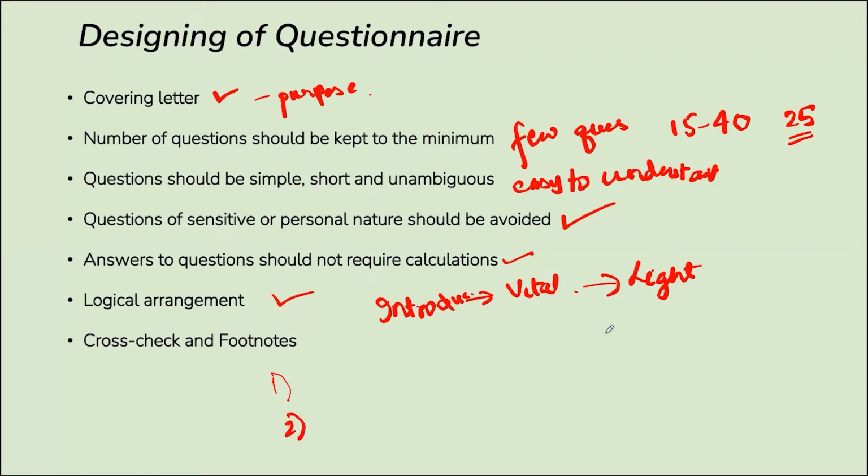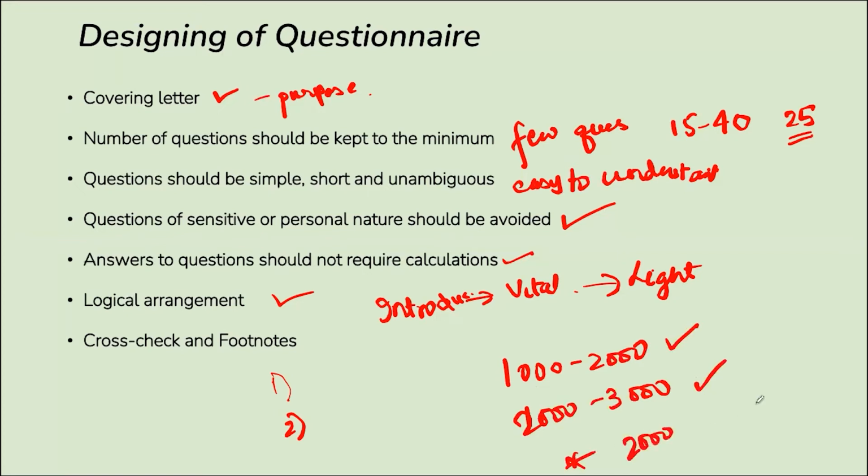For example, if the question relates to income limits like 1,000 to 2,000, 2,000 to 3,000, and a respondent's income is exactly 2,000, then he should be clear whether to put it in this band or that band. So in the footnote, you can mention which band exactly 2,000 refers to.